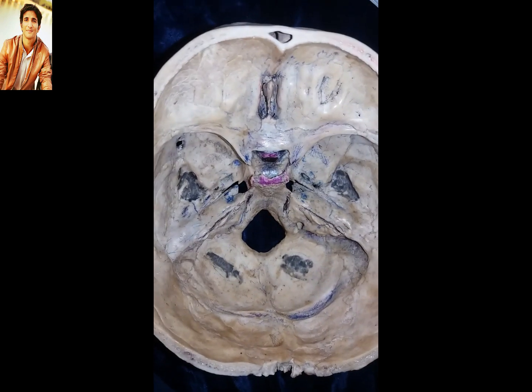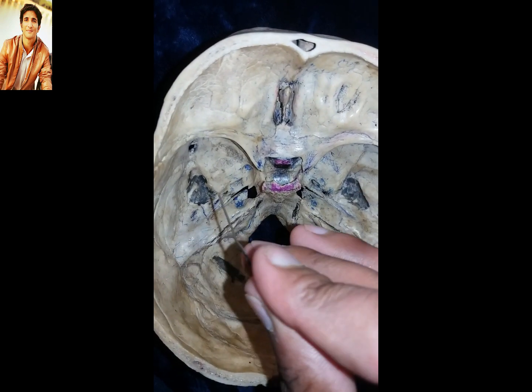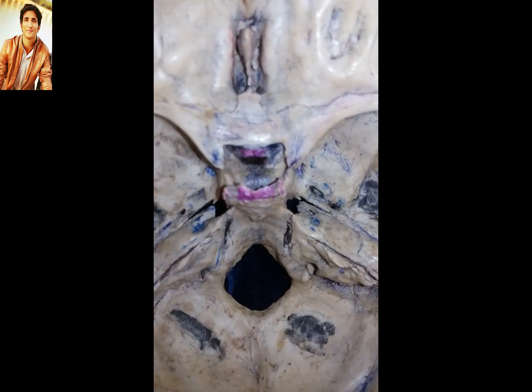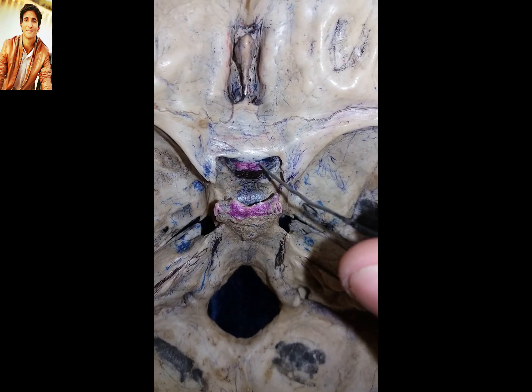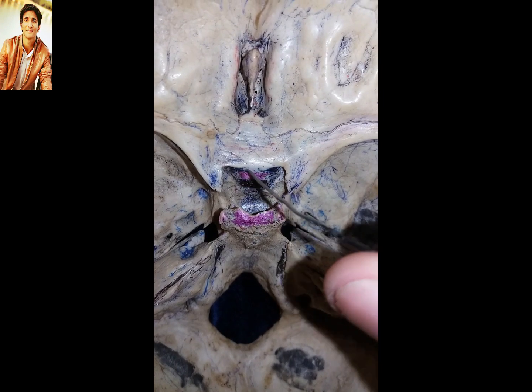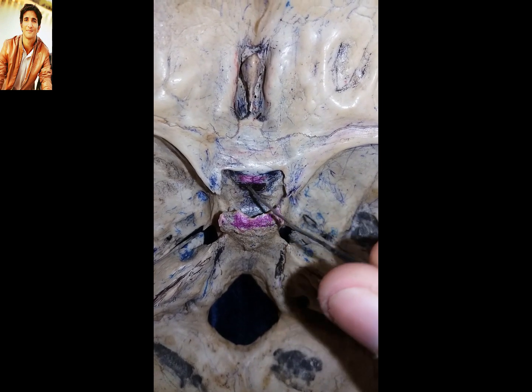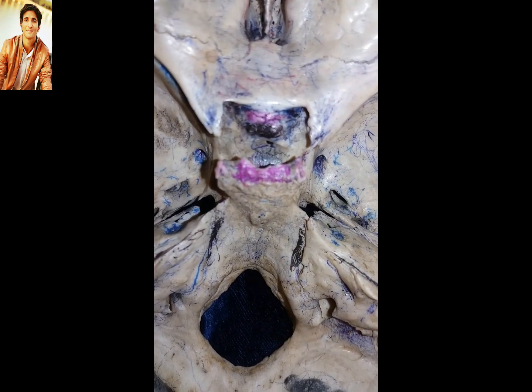Now we will see the features of the middle cranial fossa. First of all, you will see this sulcus over here, which I colored with purple so it is distinguished from other parts of the skull.